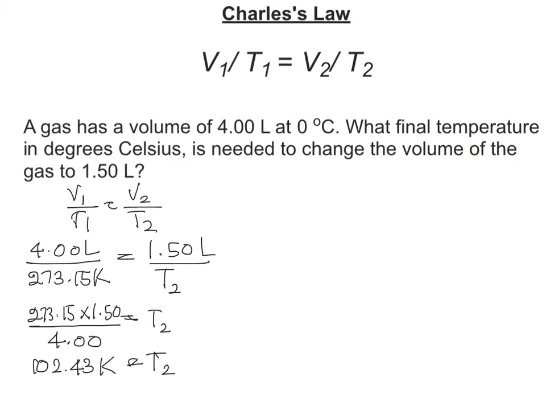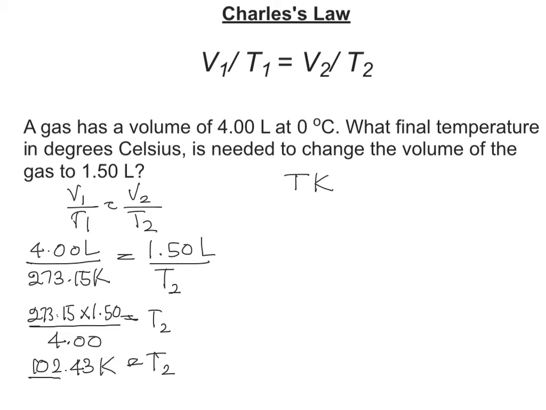If we look at our significant figures, the lowest number of sig figs is 3. So we just underline up to 3 significant figures in this number. But now we have to convert the Kelvin back to Celsius.